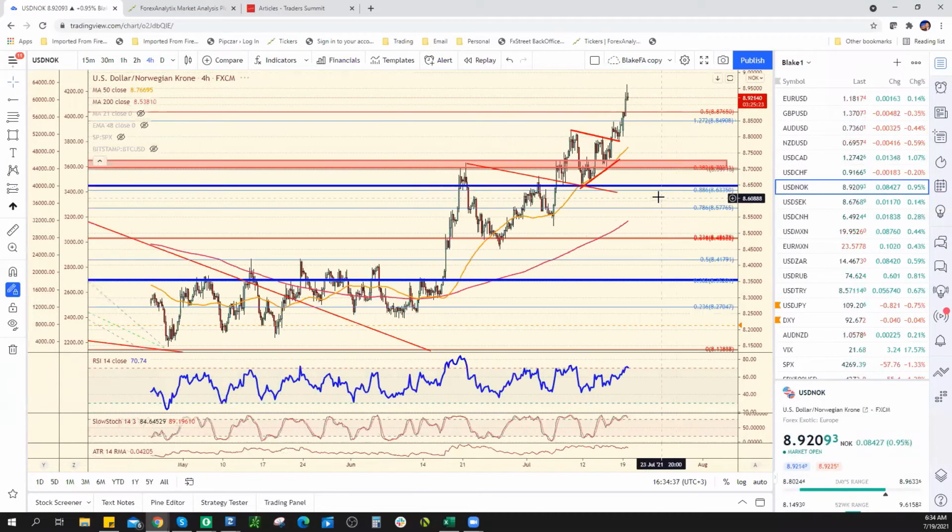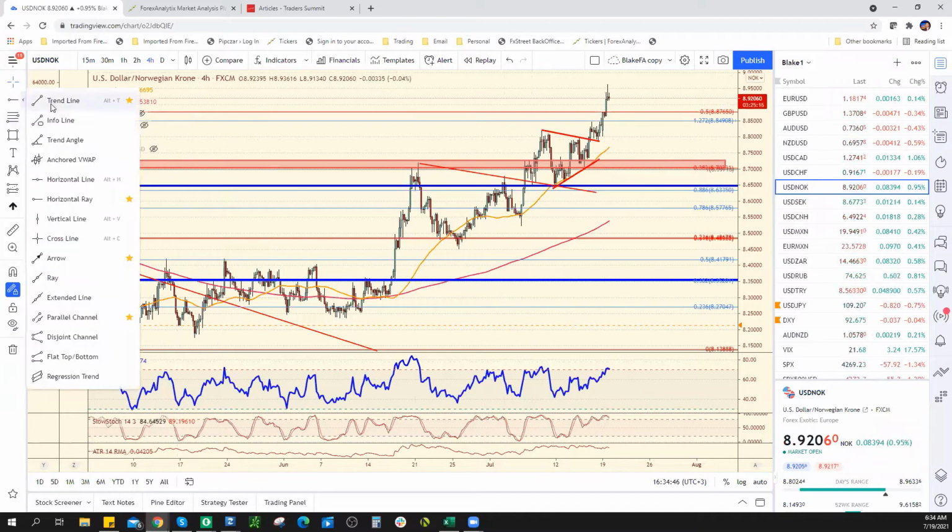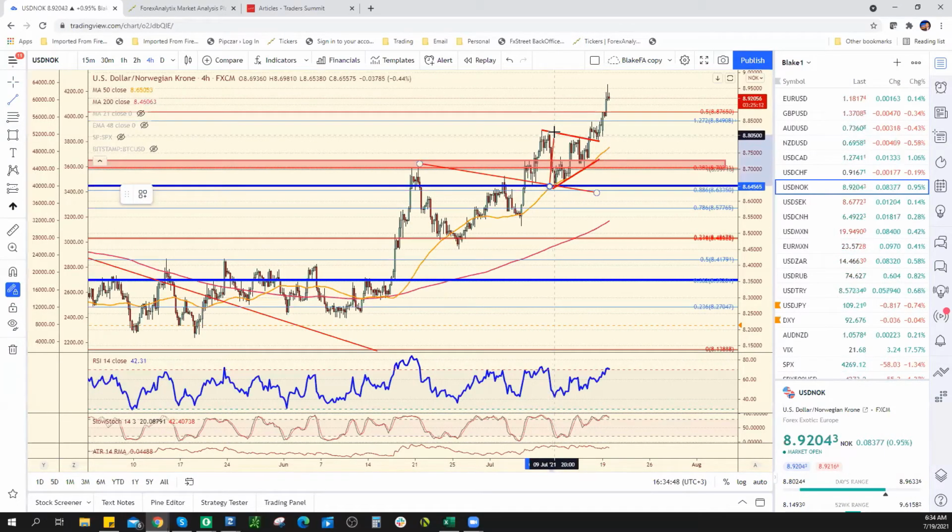And here's dollar Norway. We were overbought intraday. The 4-hour chart was reaching overbought, and for all intents and purposes, this triangle has completed, right? So if you're long US dollar Norwegian krona like I am, you got to take some off, right?